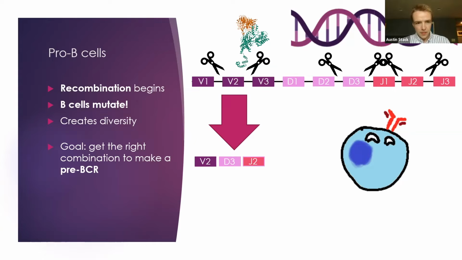And another important note, side note that I want to mention, because it's a bit of foreshadowing for our next Fireside Chat, is when we cut this DNA, the DNA that gets cut is released in the form of what are called CRECs, excision circles, basically. And these CRECs can be used as diagnosis tools.